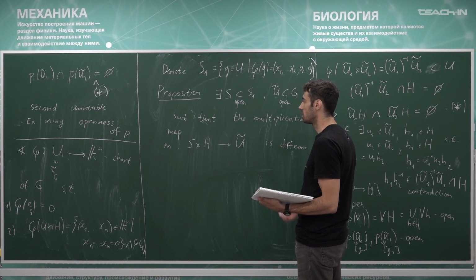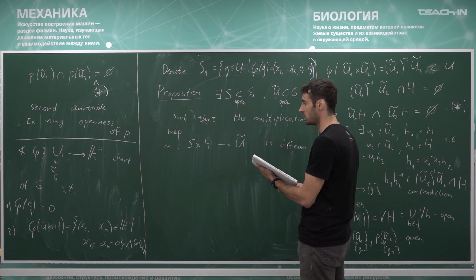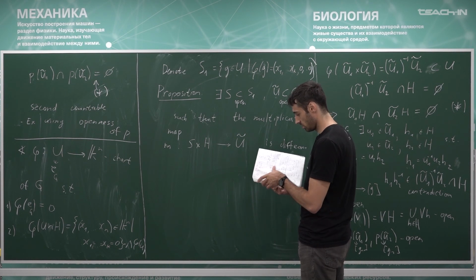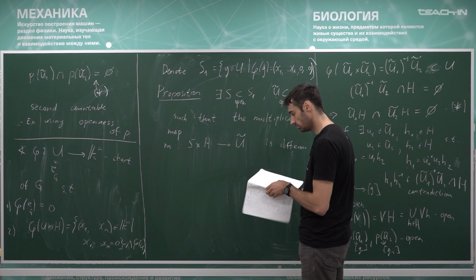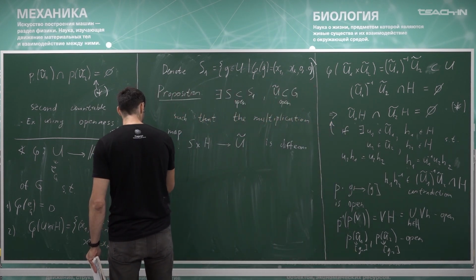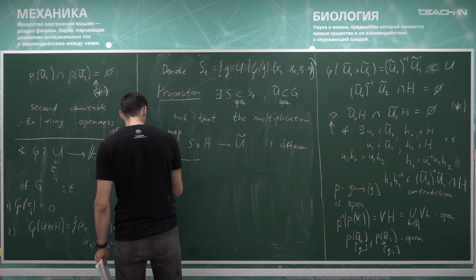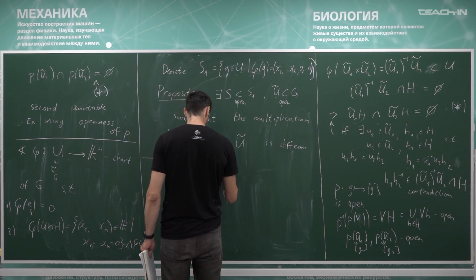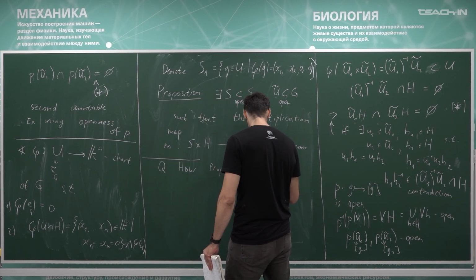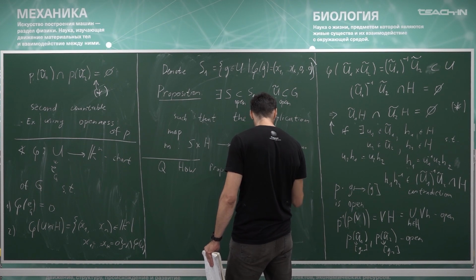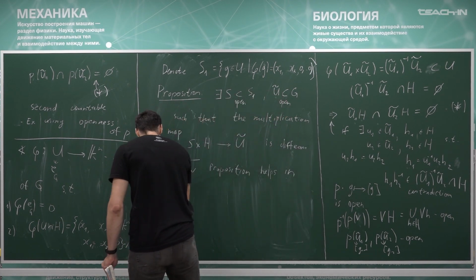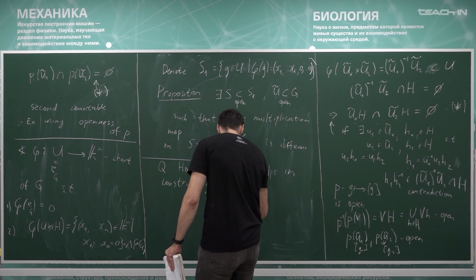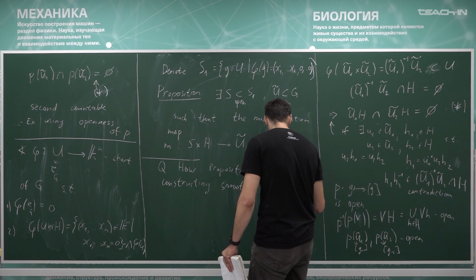Let us first see how, from this proposition, we can actually define the smooth structure on G over H. So the question first, before proving this, is how the proposition helps in constructing the smooth structure on G quotient by H.